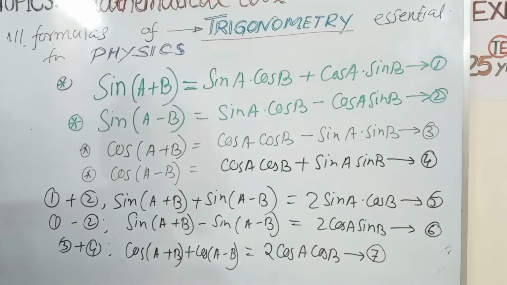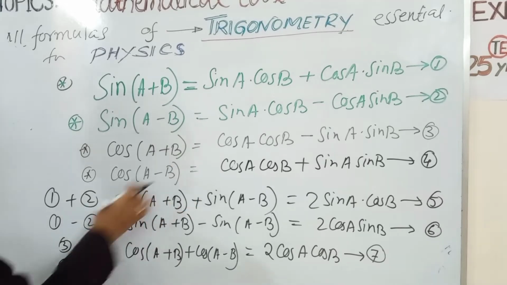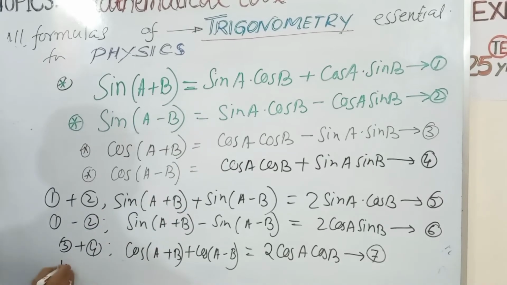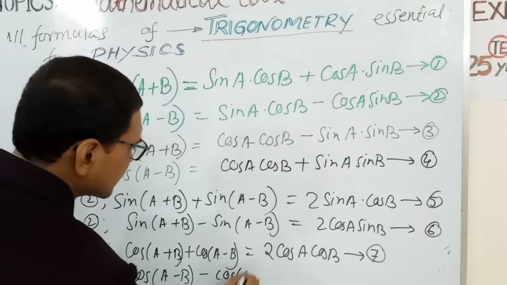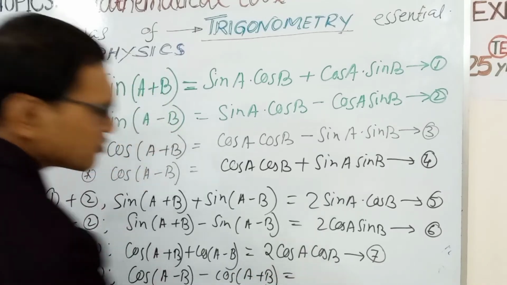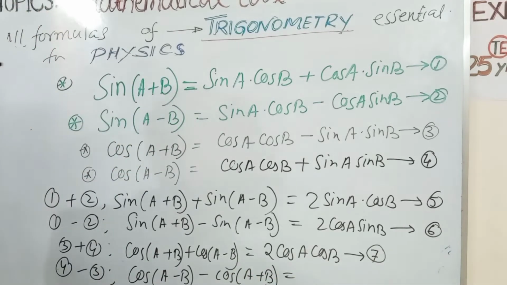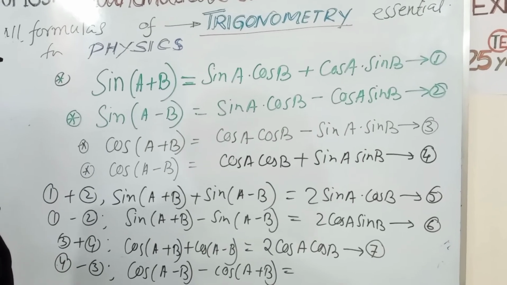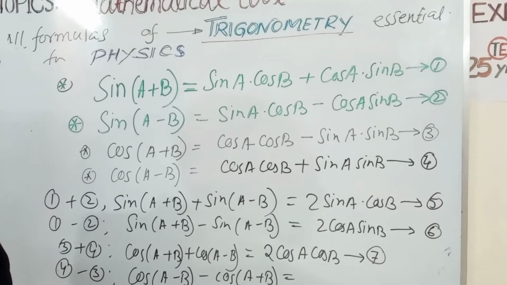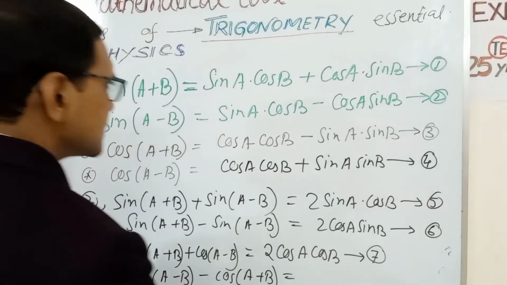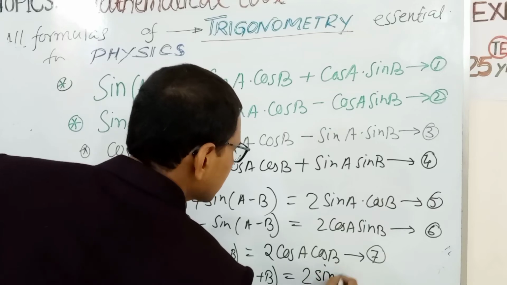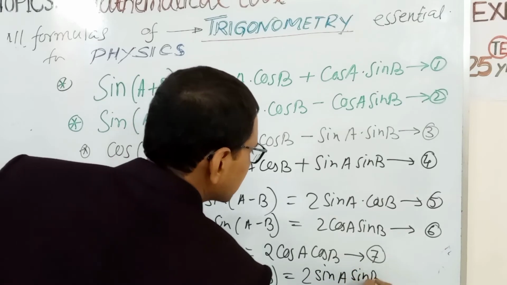And if we subtract 3 from 4, cos of a minus b minus cos of a plus b, which will be this minus this, becomes 2 sin a sin b. This is 8.